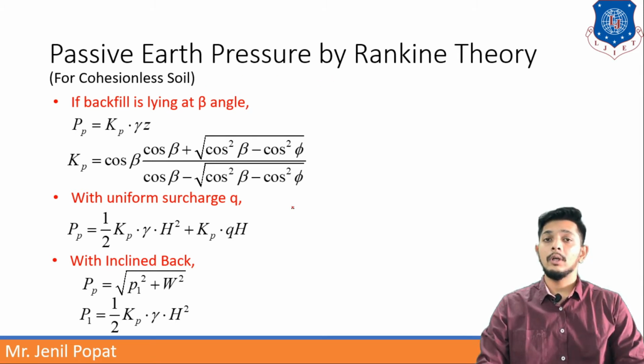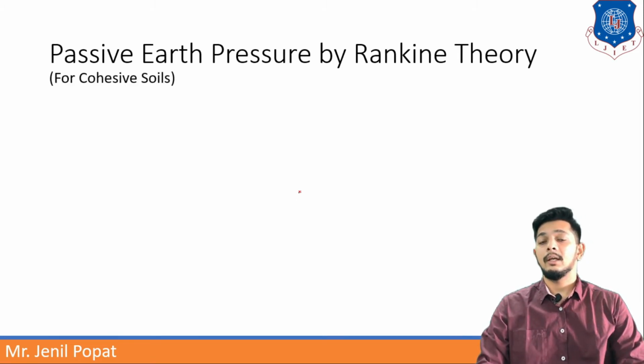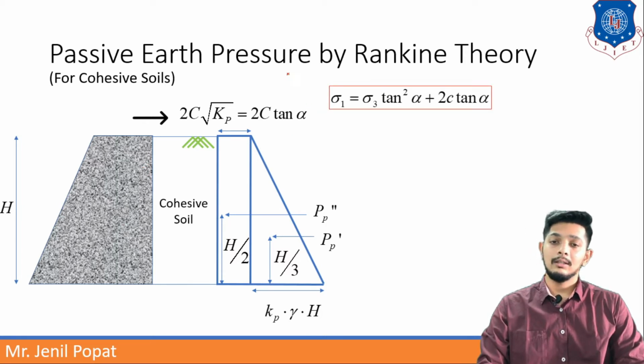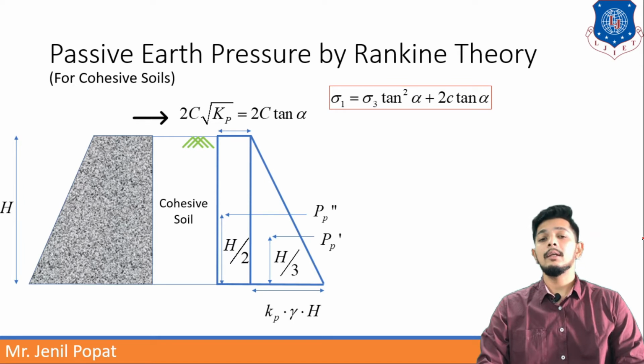Let us move forward to another theory given by Rankine, for cohesive soils. For cohesive soils, c will not be taken as 0, whereas in the previous case c was taken as 0. Here, with surcharge, if we want to find out cohesive soil passive earth pressure, we can use again the same formula: sigma 1 is equal to sigma 3 tan square alpha plus 2c tan alpha.